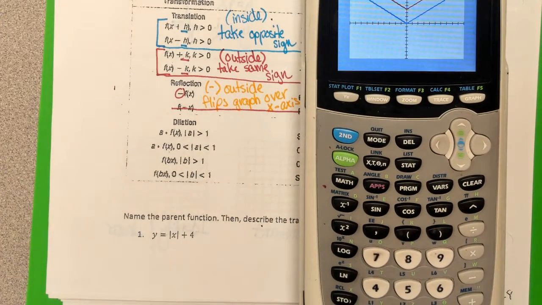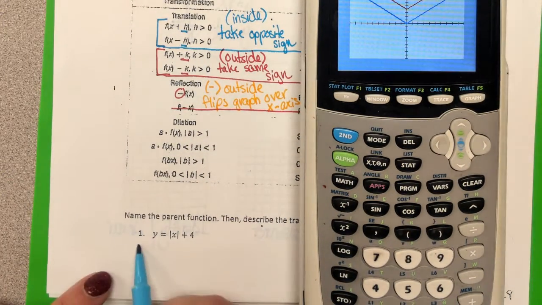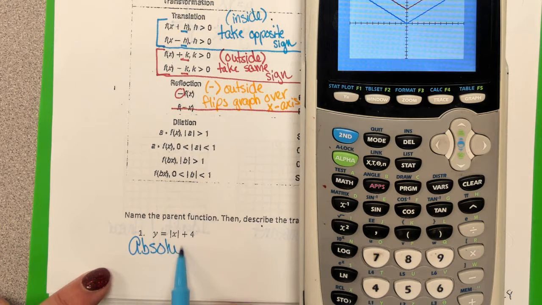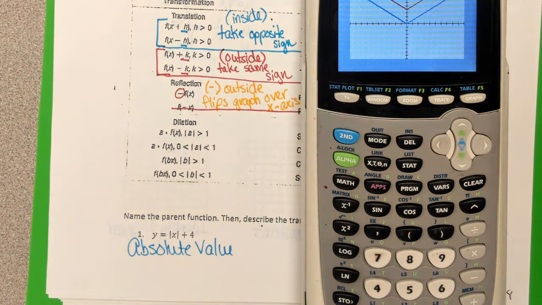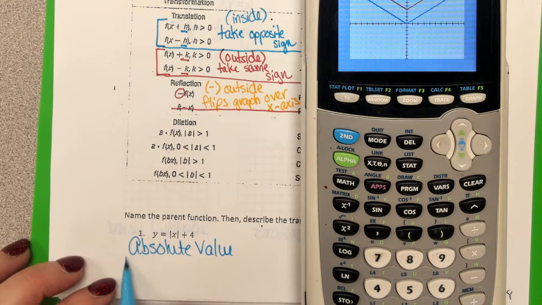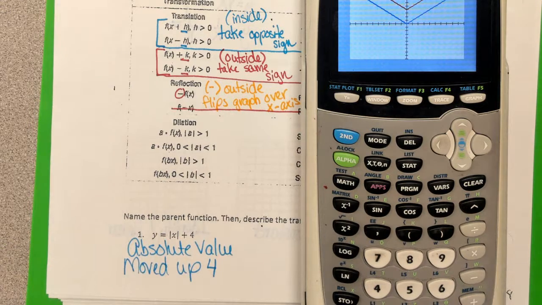Absolute value. There you go. So let's name that. And then what's it say to do? Describe the transformation, right? So what happened? The graph shifted up 4. Is that all it tells us to do?